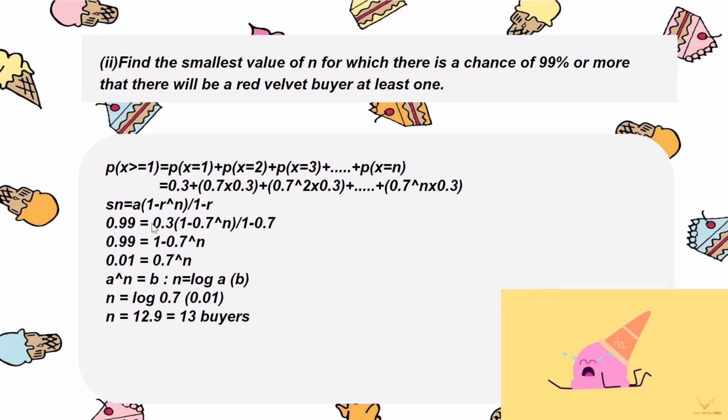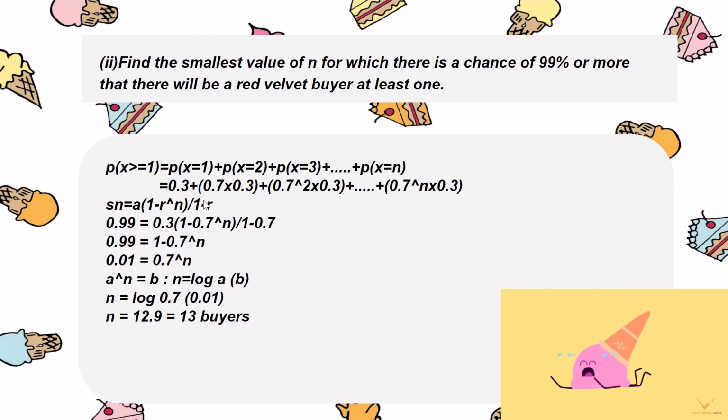So we can use the Sn, the summation of n. The Sn will be 0.99. a here is the first value of the geometric sequence. Right here we can see it as a geometric sequence. So we can write the first value of the geometric sequence here, 0.3, times the bracket 1 minus r to the power of n. r is 0.7 right here, so you put 0.7 to the power of n. n is what we are finding for.